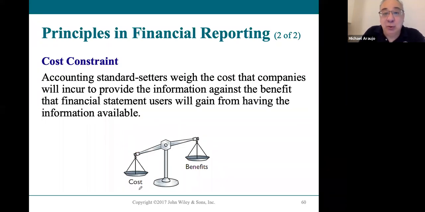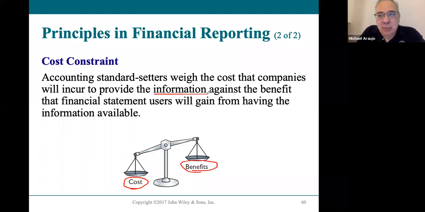And even if they did lose the first round at trial, they could appeal, which would push that off to a future date. So that means that companies have to weigh the costs and benefits of what they disclose when they decide what full disclosure means.